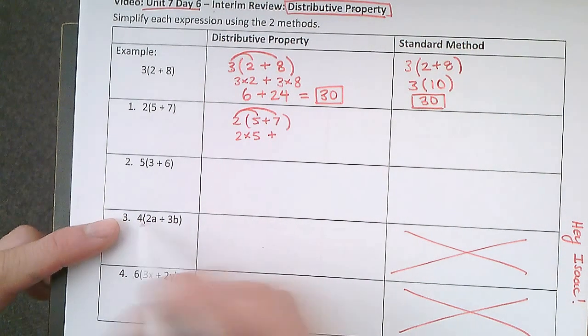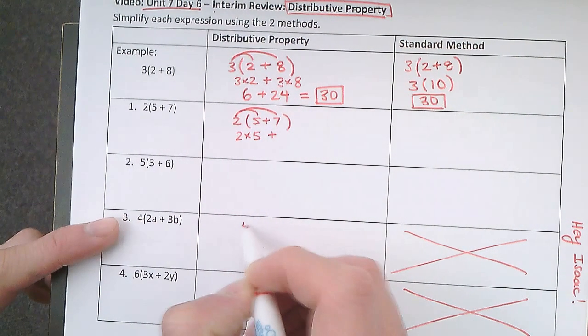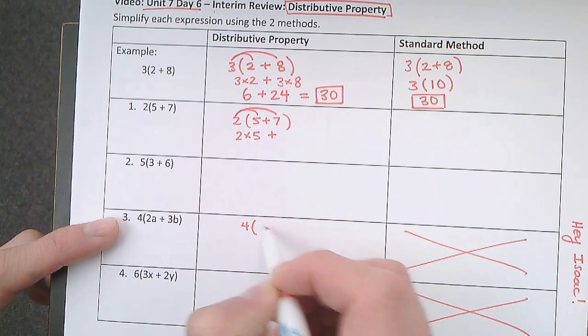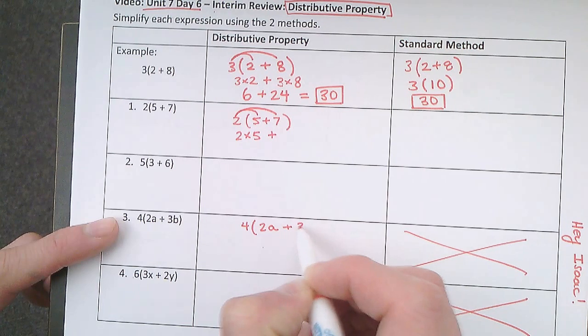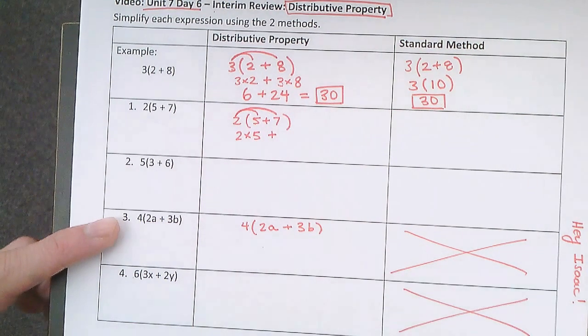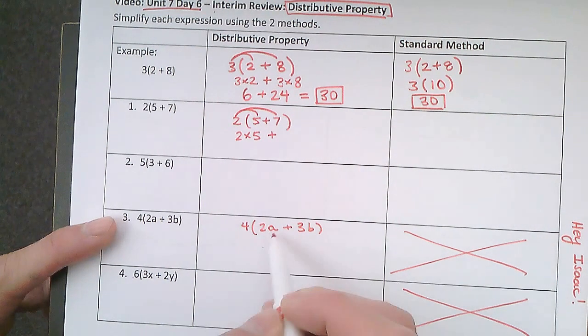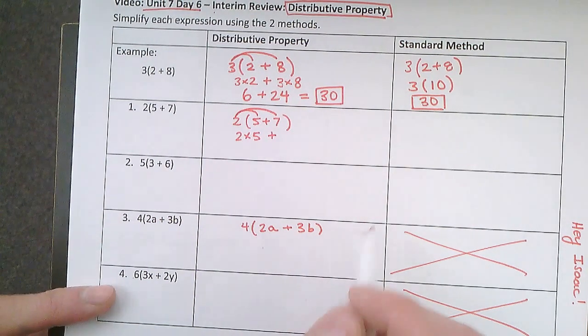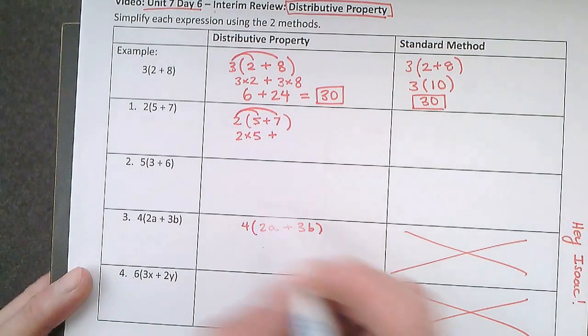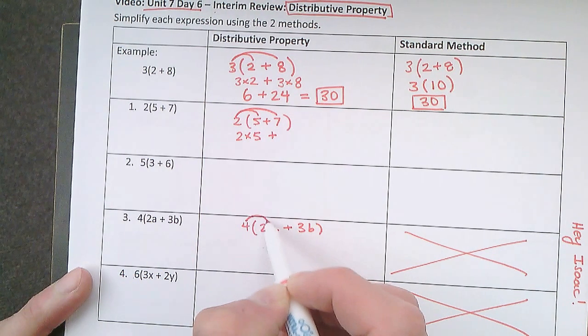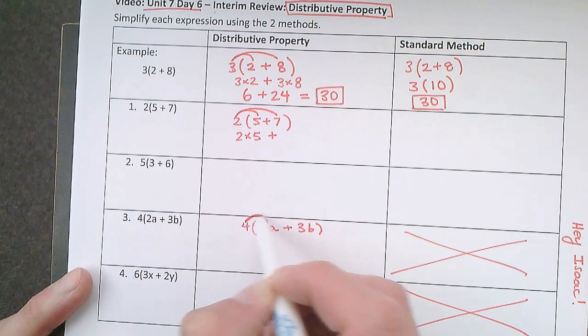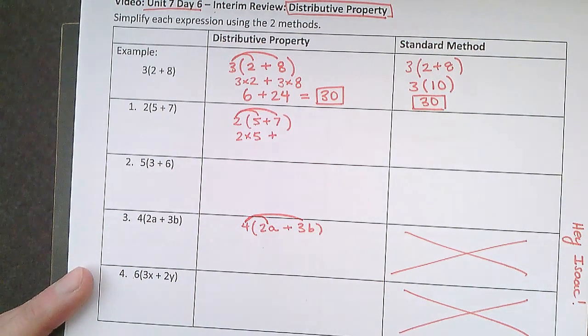Back to number 3. 4 times 2a plus 3b. And now we have these variables. Don't let that confuse you, because we're still going to do the same process of using the distributive property: multiplying the 4 times the 2a and then the 4 times the 3b.